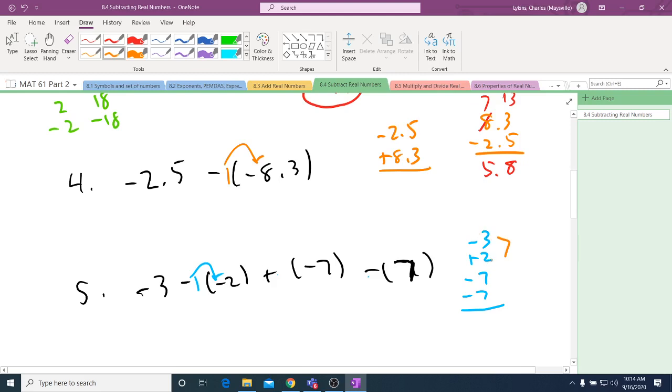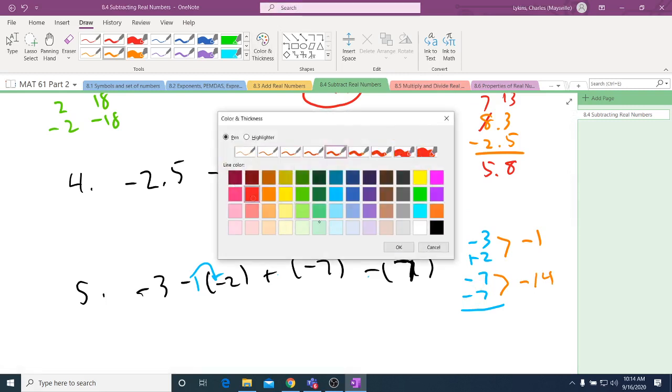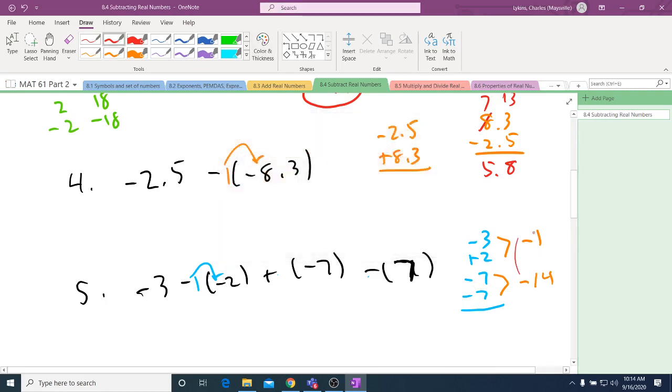If you owe me 3 and you pay me back 2, that means you owe me 1. But then I also have, they both have negative signs, so if you owe me 7, you owe me another 7, that's 14, so it's negative 14. Now combine the negative 1 and negative 14, so if you owe me 1 and owe me 14, your answer is negative 15, because you're owing me 15.